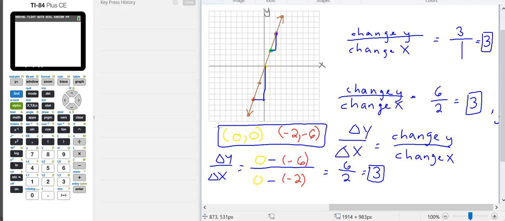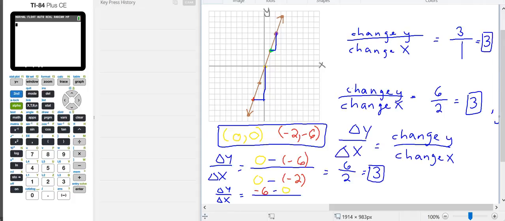Now let's say we had done it differently. Let's say we did change in y over the change in x for the same 2 points, but instead of using the yellow point minus the red point, we're going to use the red point minus the yellow point to find our change in y values and our change in x values. So for change in y values, we're going to do -6 minus 0.